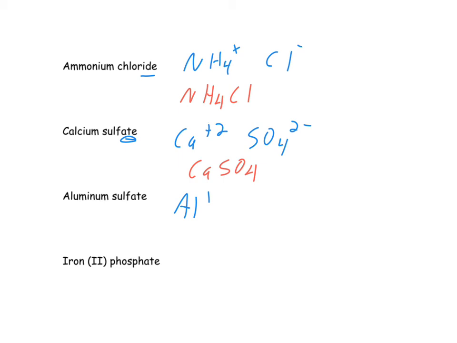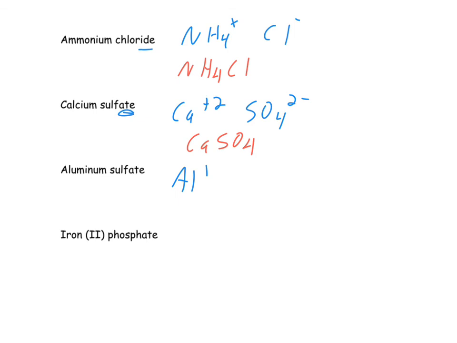Okay, one more. This is a polyatomic bonded to a transition metal, iron, and it's iron 2, so it's Fe2+. We know that because we have the Roman numeral 2 in parentheses. And then the polyatomic here is phosphate.